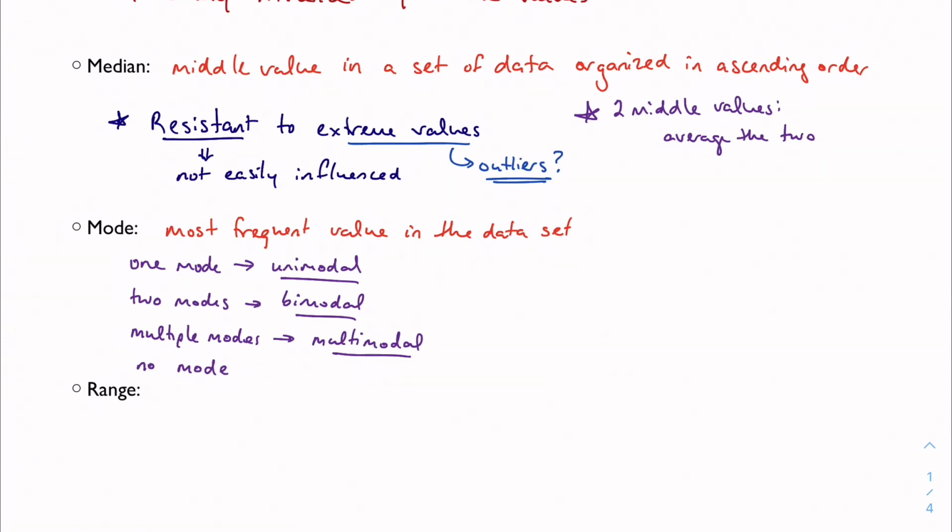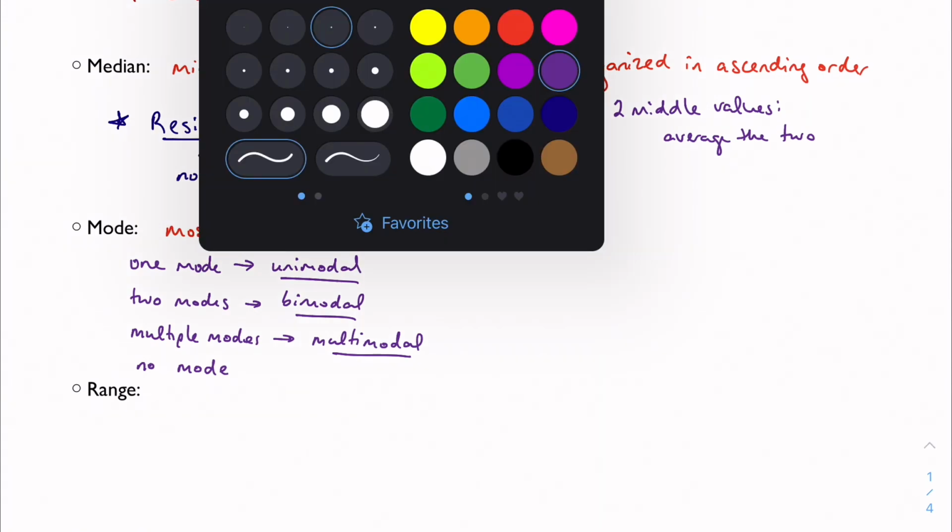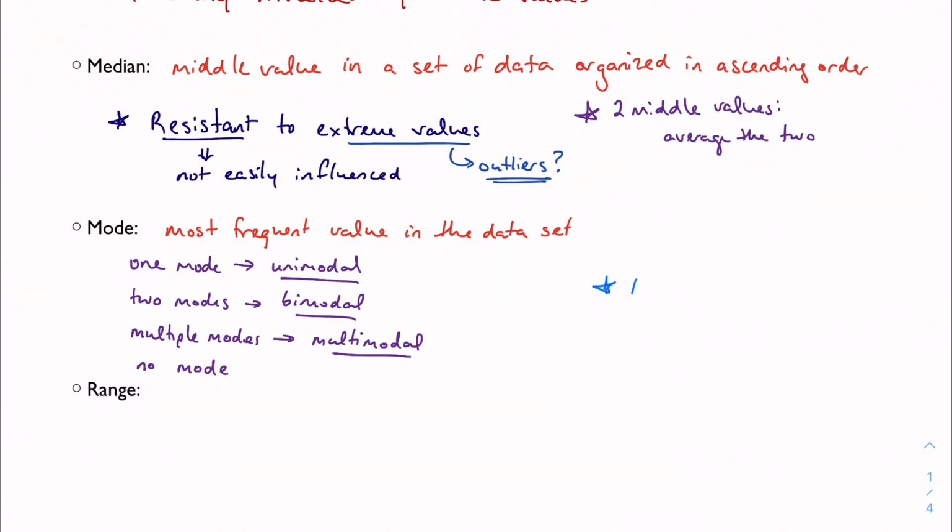There could be many modes. There could be one. There could be none. Whatever. This is typically best used rather for non-numerical data. Right?